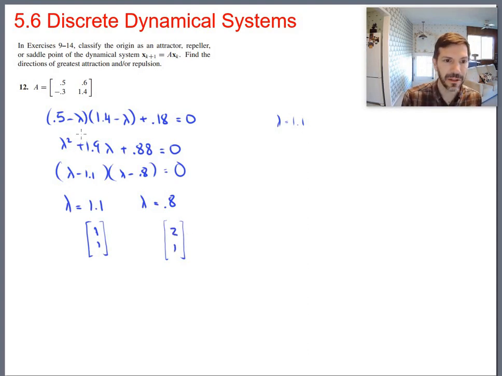So the direction of greatest repulsion is like the 45-degree angle, 1, 1, right? Is that direction. And that's the fastest highway out of town. And the fastest highway into town, these are all one-way highways, is if you go 2 over and 1 up. So I guess this direction is the greatest attraction.